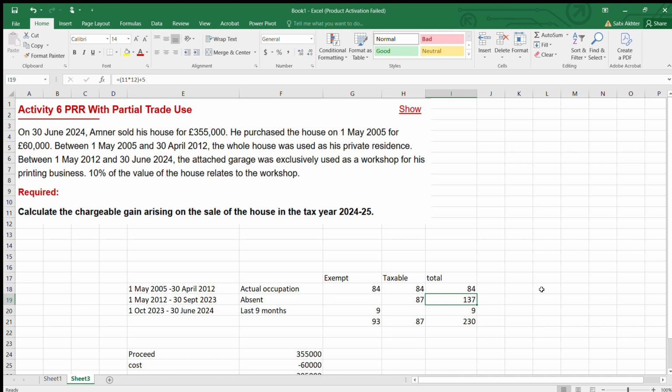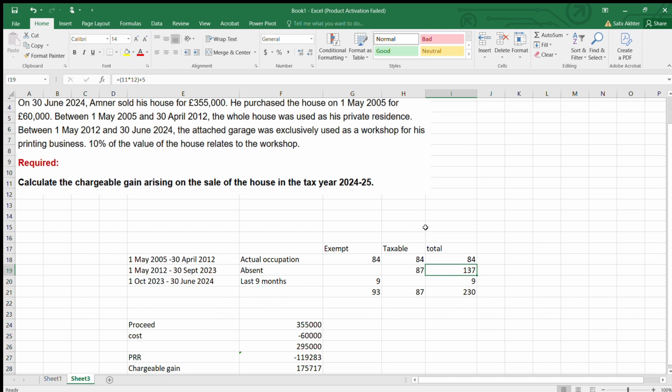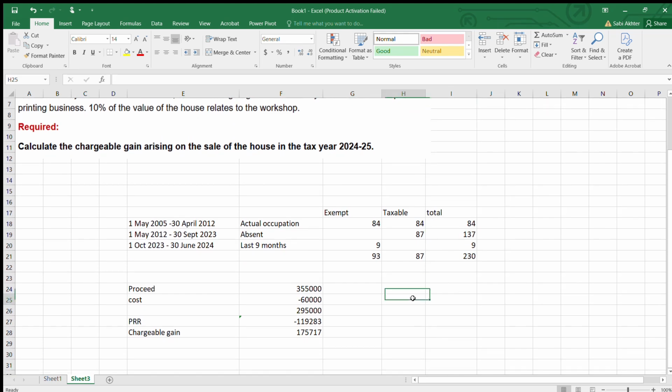Now first let us find out the 100%. If you want to find the PRR, it is this: multiply the exempt, which is 93, divide by the total. Just drop down the decimal. So it's 119,283.